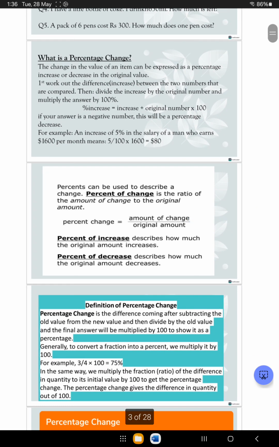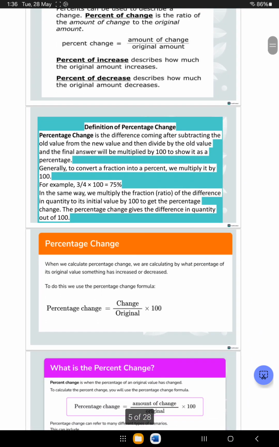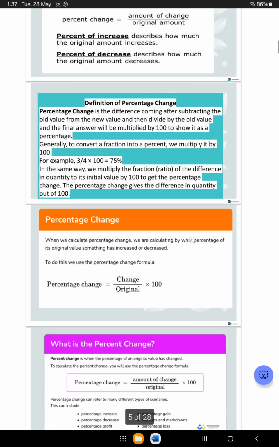Percentage can be used to describe a change. Percentage of change is the ratio of the amount of change to the original amount. Percent change is equal to amount of change over original amount. Definition of percentage, you read it yourself.